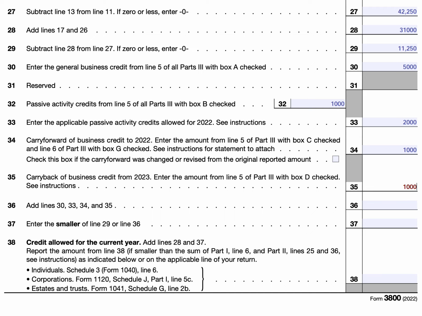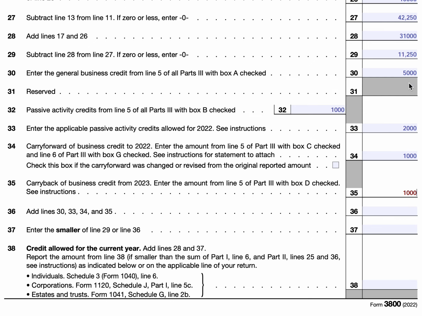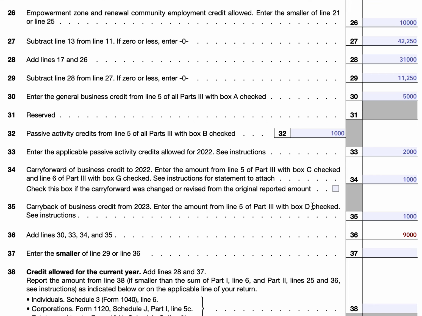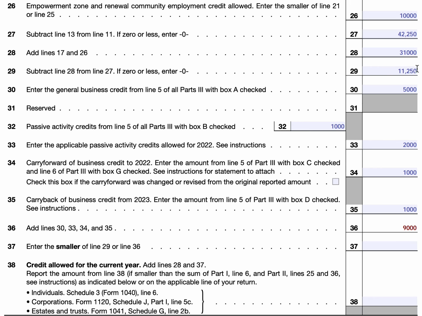So now we're going to add all of these lines up. So the totals of line 30, 33, 34, and 35. So we come to a grand total of $9,000. We have to compare that to what we previously calculated up here, which was $11,250, and we have to enter the smaller of those two numbers.